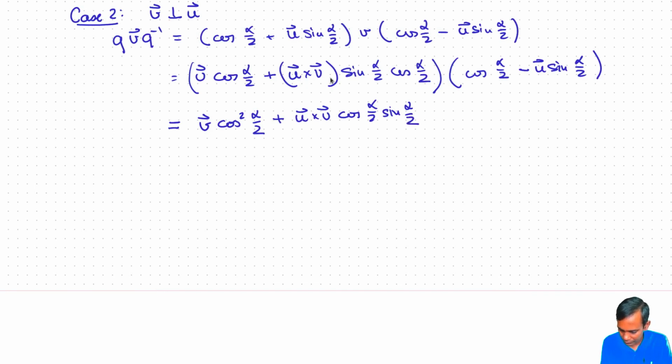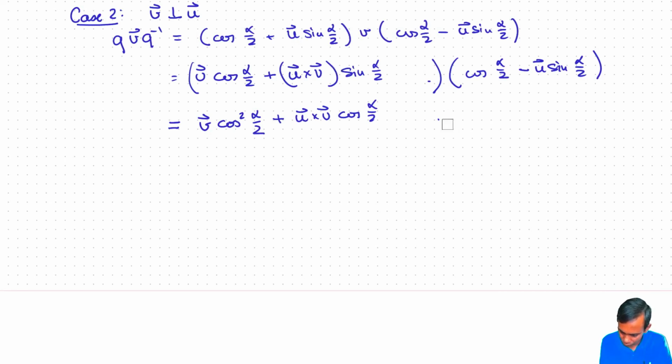And now let's look at the second term in the first factor. This was just u cross v, there's no cos alpha by 2, it is just u cross v sine alpha by 2. I'm sorry, there's no cos alpha by 2, I don't know why I put it.